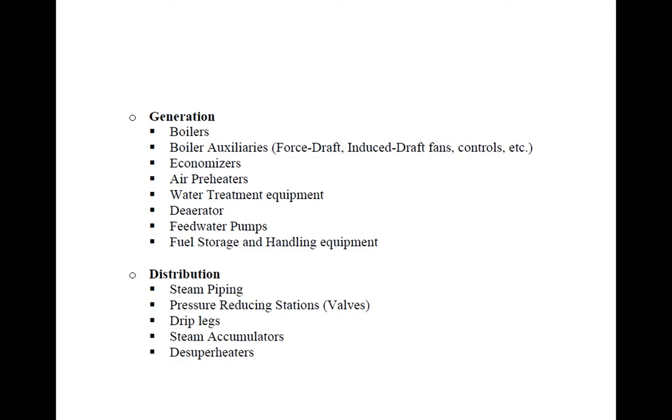We know that in the boiler we combust the fuel with air, so it produces flue gas or stack gas that we throw out through the chimney or the stack. And mostly the temperature of the flue gas is more than 200 degrees Celsius.